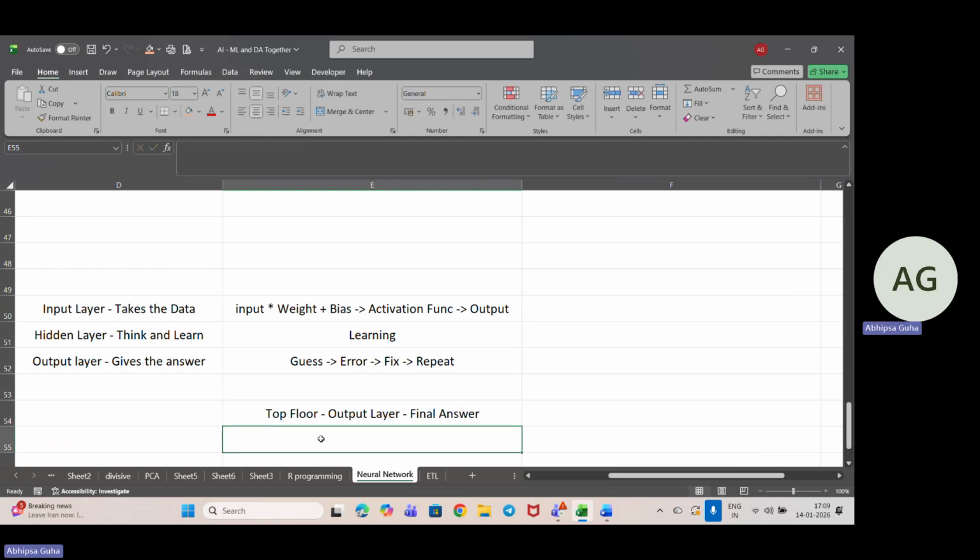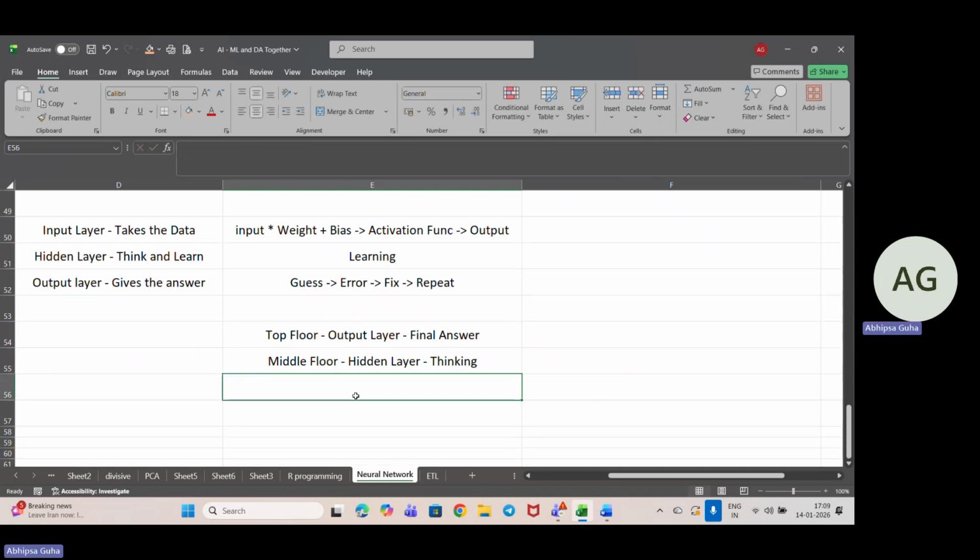Okay, so as I mentioned, the top floor is the output layer, that is the final answer. Then we go down to the middle floor, that is my hidden layer, that is the thinking layer.